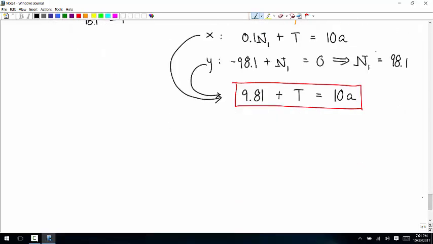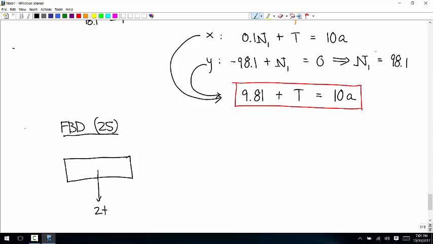So now we'll isolate the 25 kilogram box. There's a weight force. So 25 times 9.81 is 245.25, I think. And then there's the cable force.